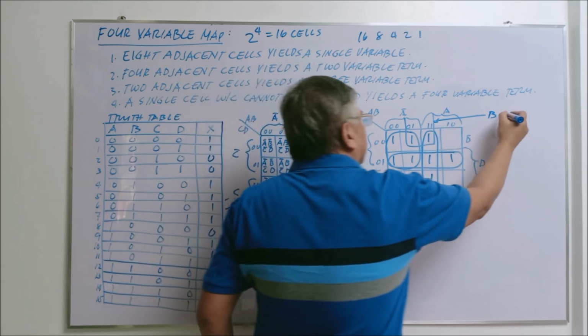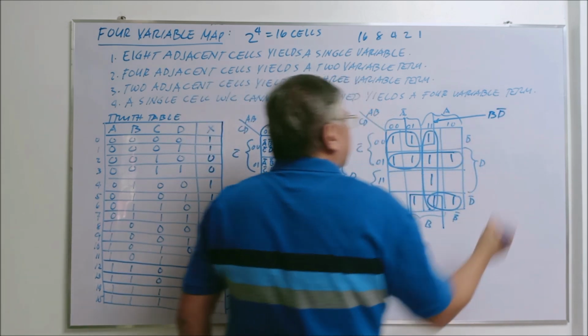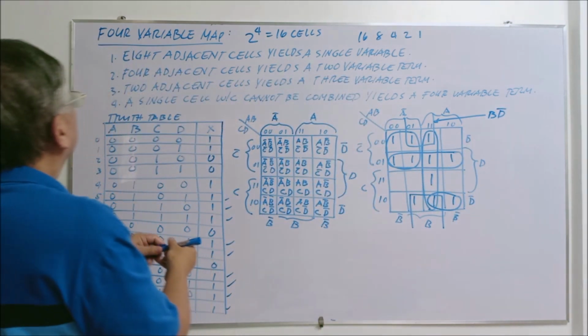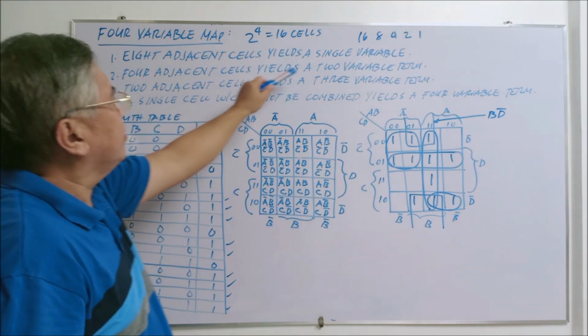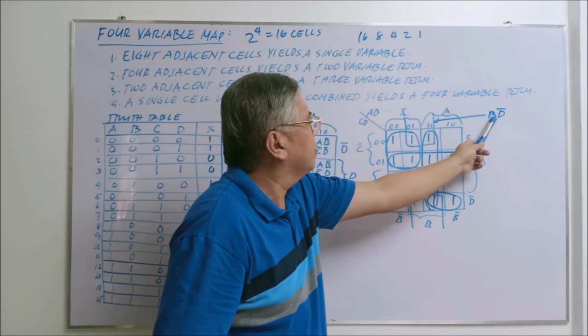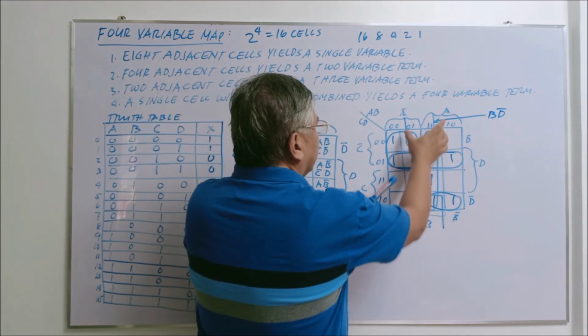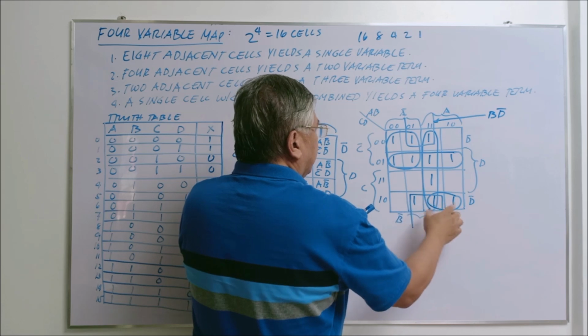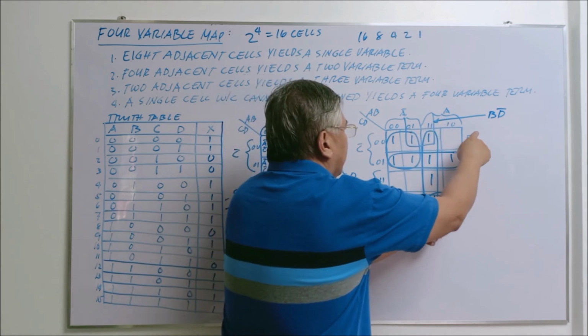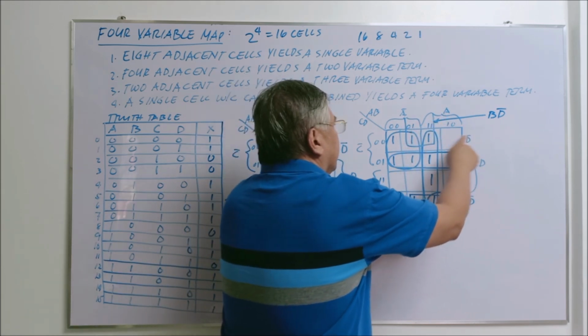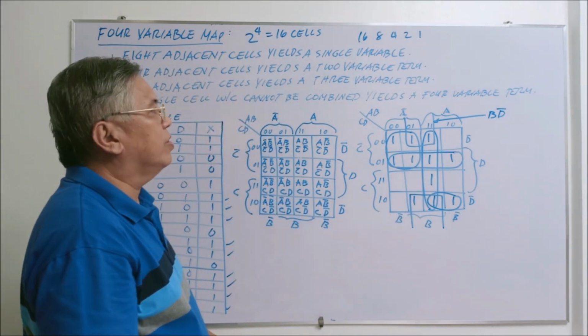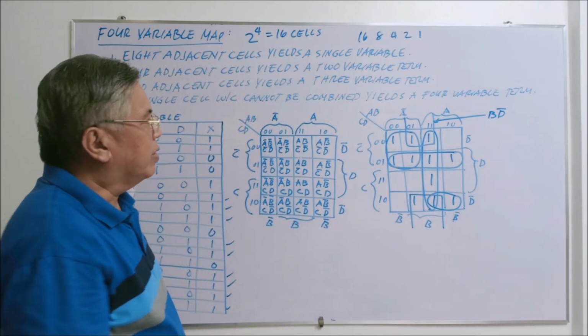Okay, so it says here 4 adjacent cells yields a 2 variable term. That is under B, this one here, and this one is under B, and at the same time it is under D bar, the intersection of B and D bar.